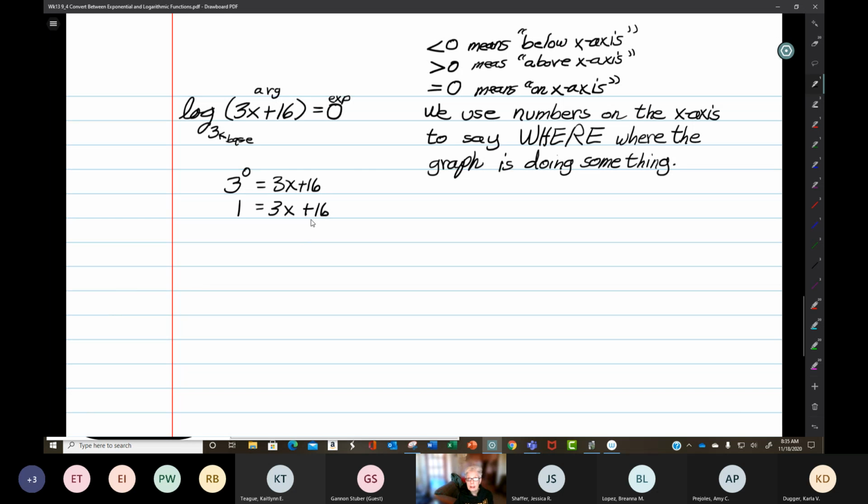I'm going to solve for x. That'll tell me where this crosses the x-axis. Subtract 16, subtract 16. One minus 16 is negative 15.